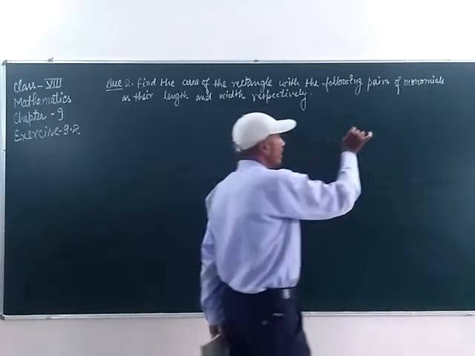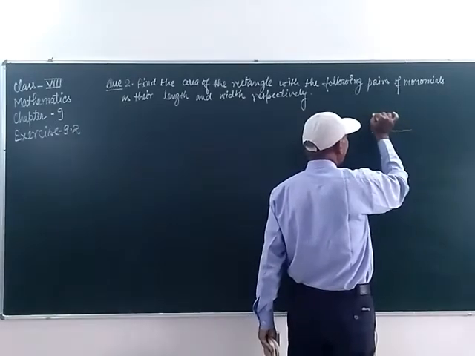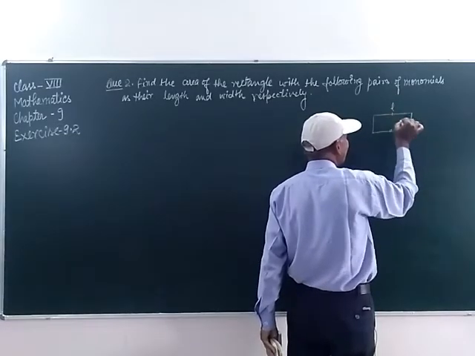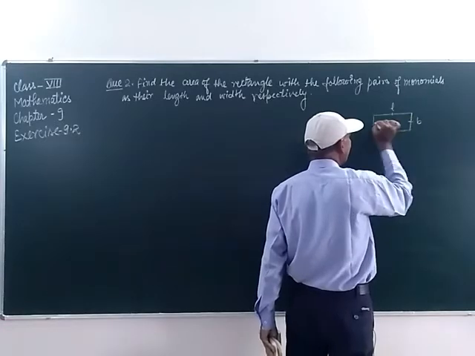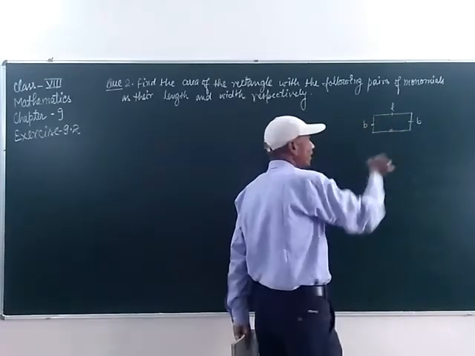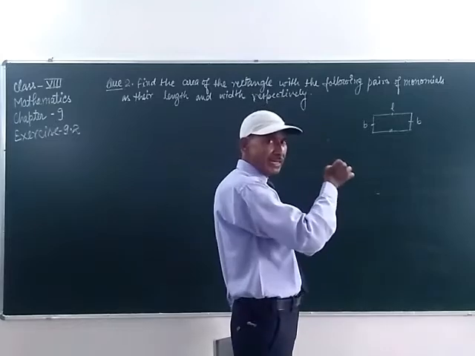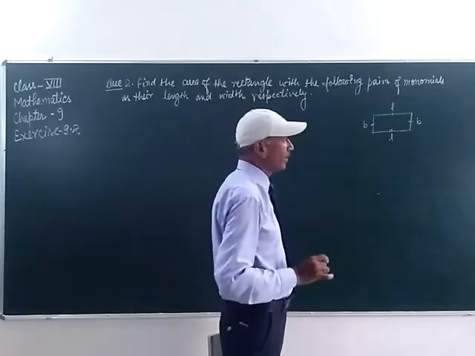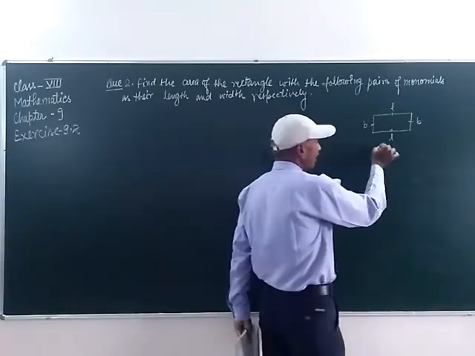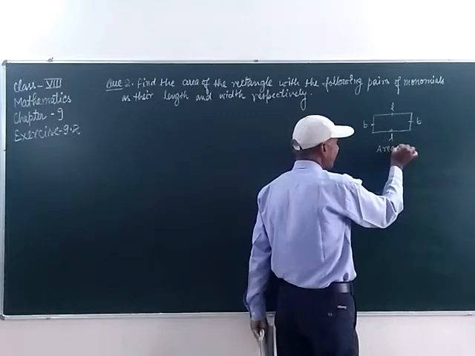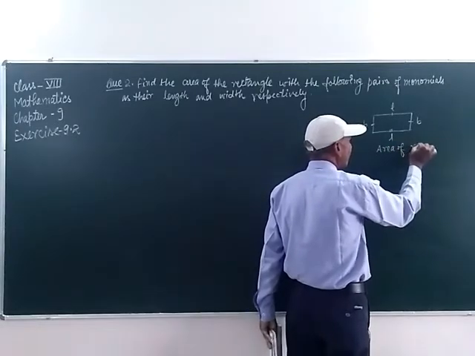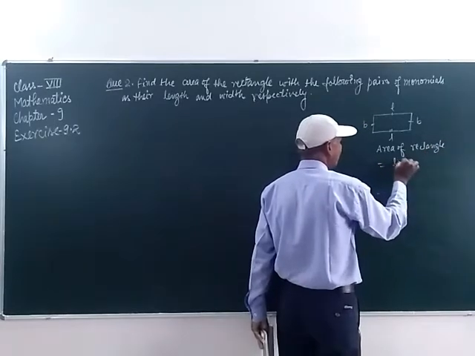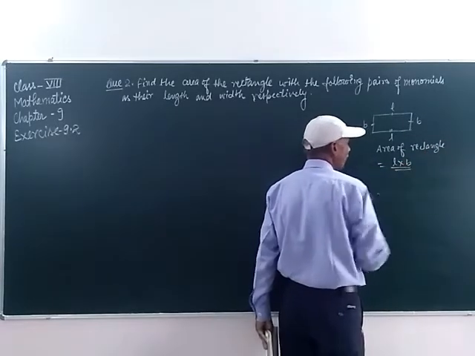Rectangle, you know, this one is a rectangle, and in this there is length and this is width. Clear? This one is a four-sided figure that is called a rectangle. This is length, width, length and width. Now we have to find the area of the rectangle. Area of rectangle is equal to L into B, length into width.